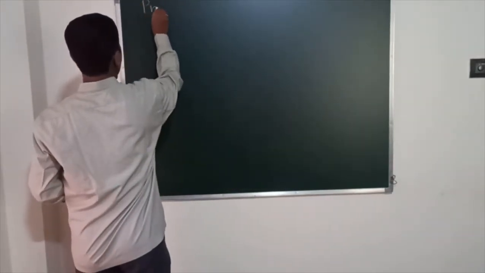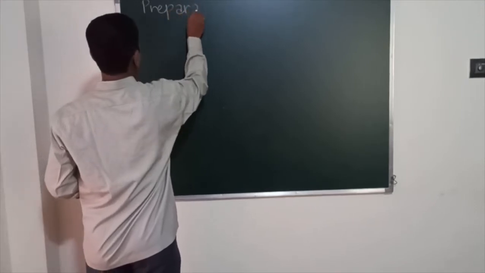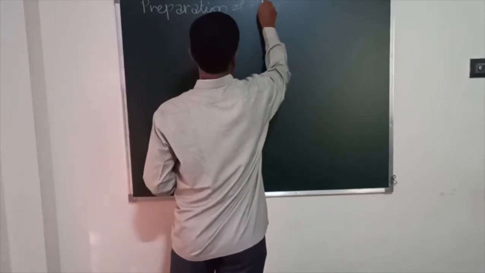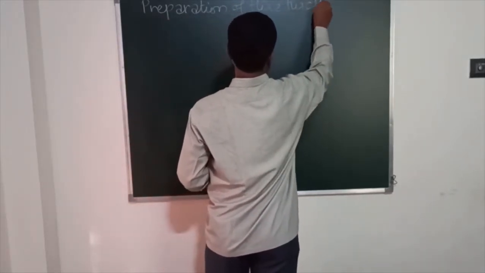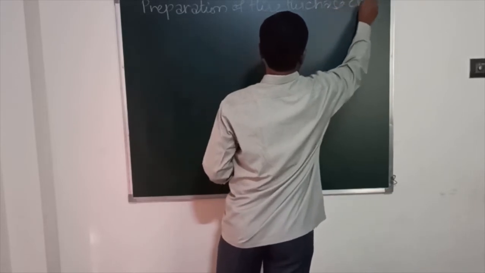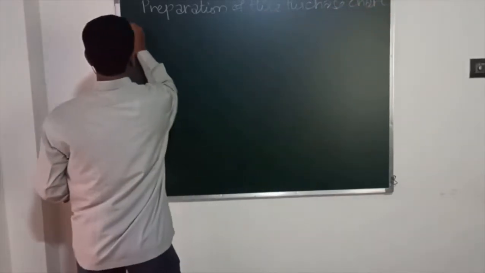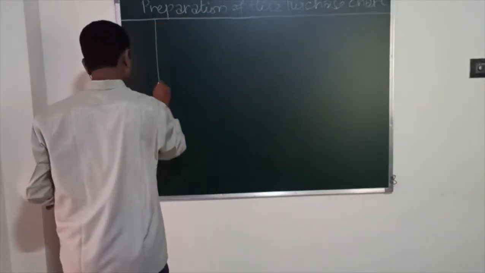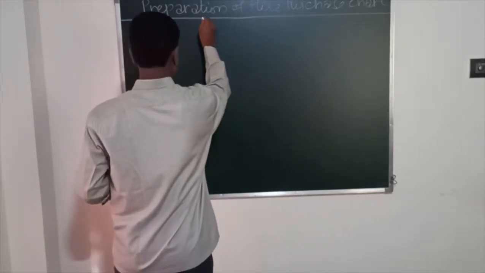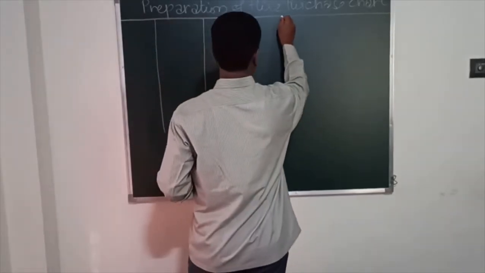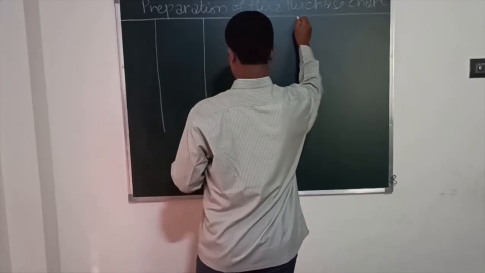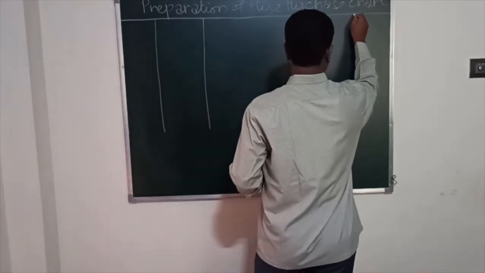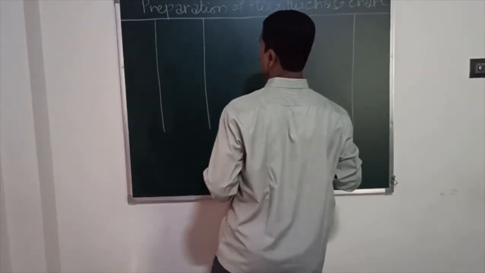So preparation of hire purchase chart. So this is a date column, this is installment column, then interest column, and this is cash price or the principal amount.